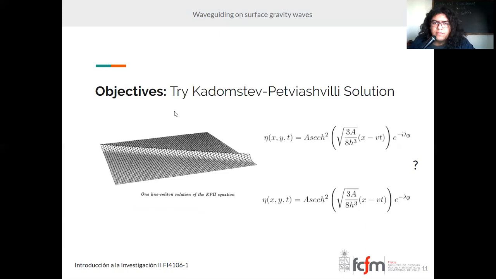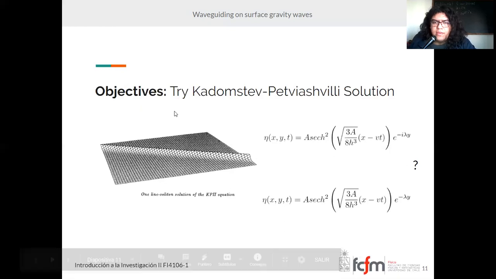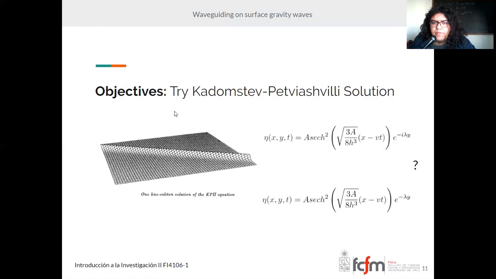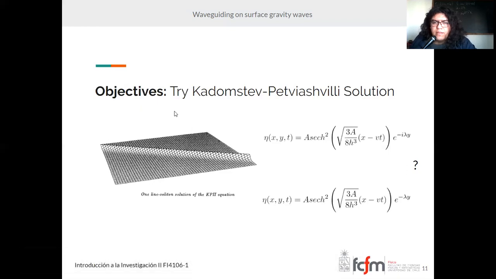So we have to consider another spatial dimension. The first thing that I want to do next week is try this type of solution, for what happens over the waveguide and for what happens outside the waveguide. Maybe it will not work, but it would be interesting to understand what's going on with these solutions.